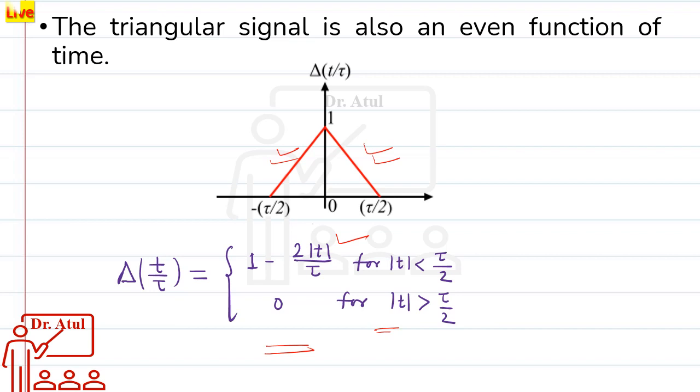So this is a triangular signal, and it is also even, similar to the previous rectangular signal.